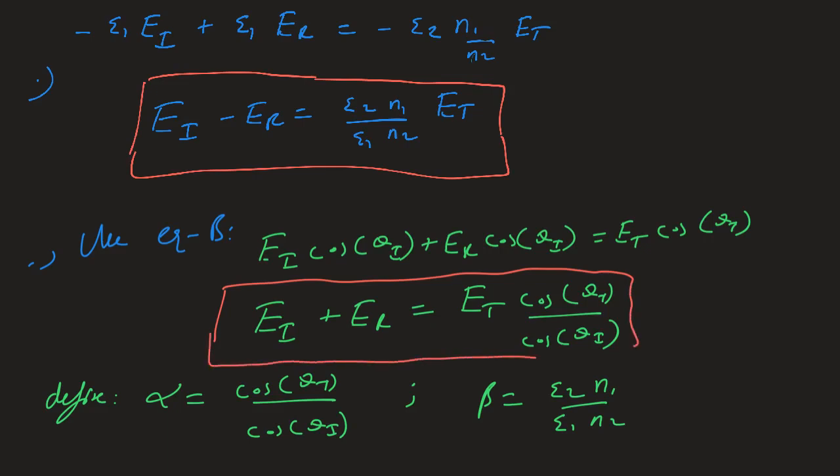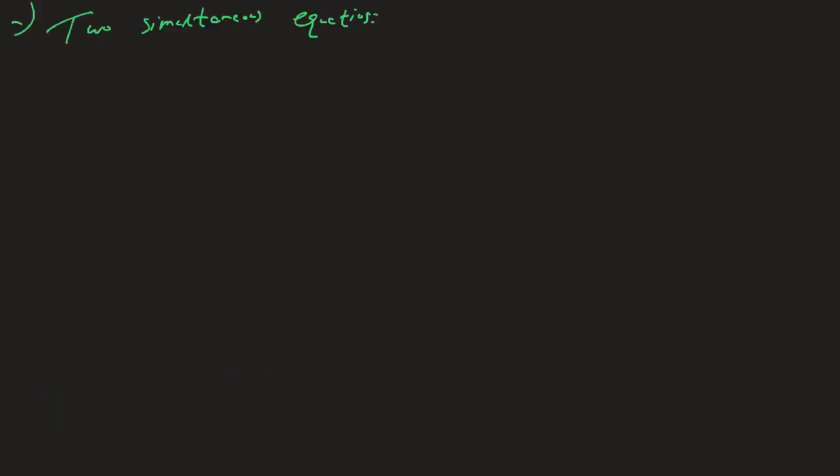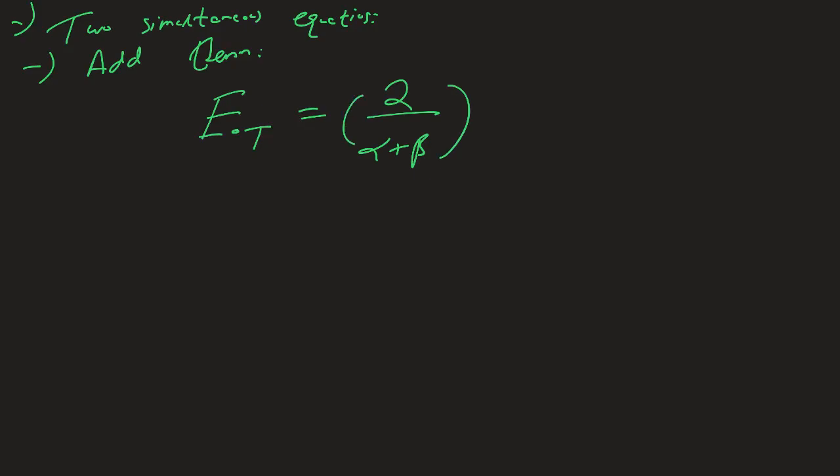So now we have two equations which relate the amplitudes of EI, ER and ET. So we have all we need to express ET and ER in terms of EI, right? So we have two simultaneous equations. So if we add them, what you get is that E naught transmitted becomes equal to 2 over alpha plus beta times E naught incident.